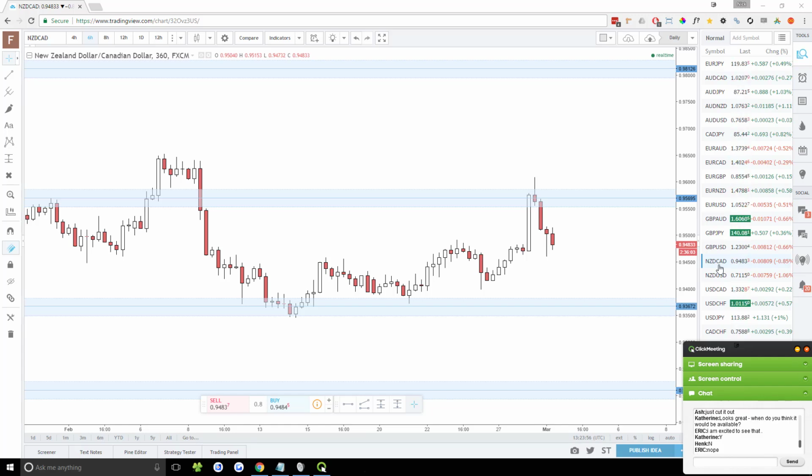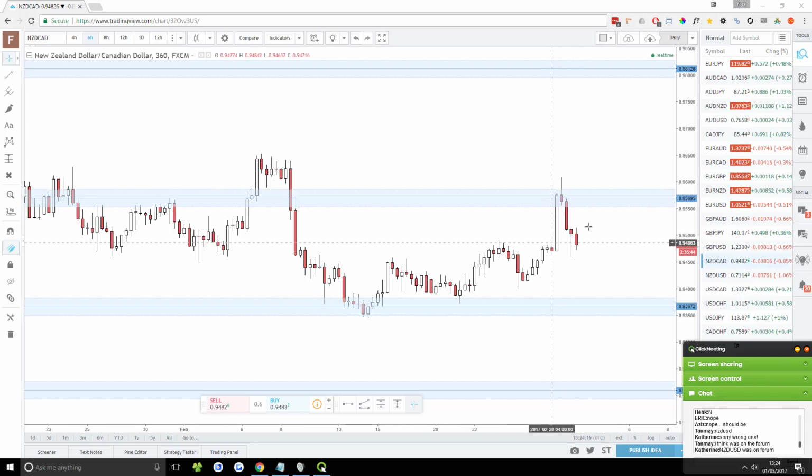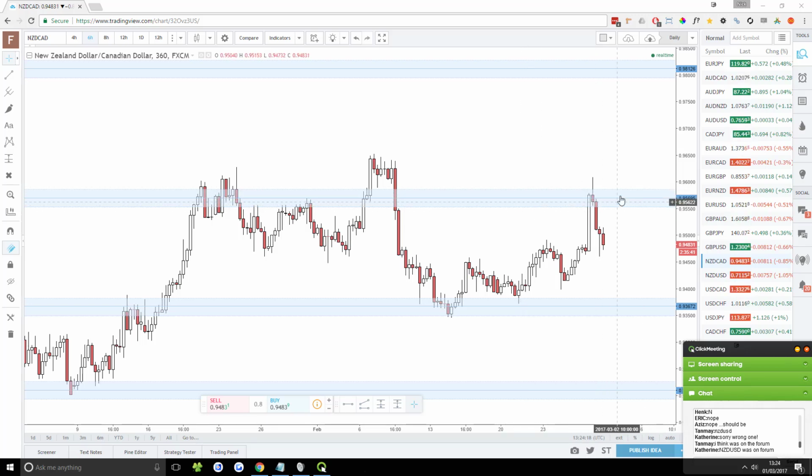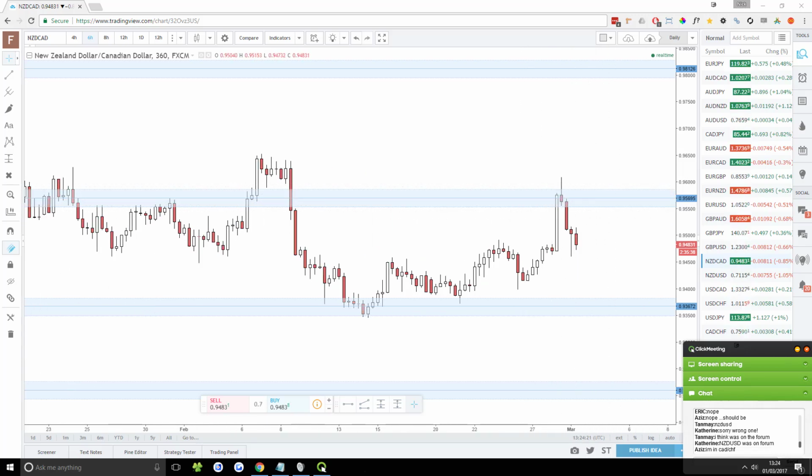I can't see it. I'm looking at that one now, but that one was posted on Friday, so it was a separate trade. So this one wasn't posted. Is anyone in this short? You're in CAD CHF. Yeah, I remember someone posted that one to the forum. I put it on my list. You see it's at the bottom of the list because I added it after I saw it on the forum. We'll look at that.